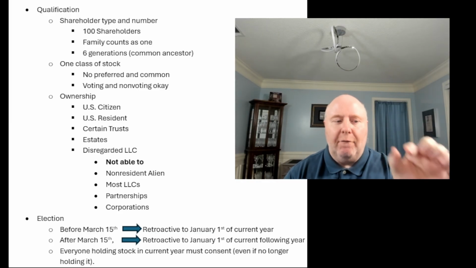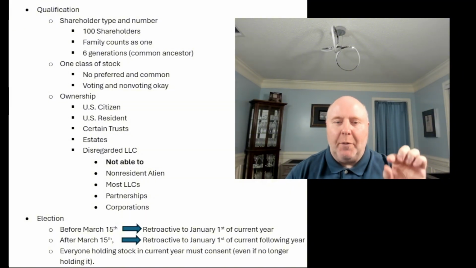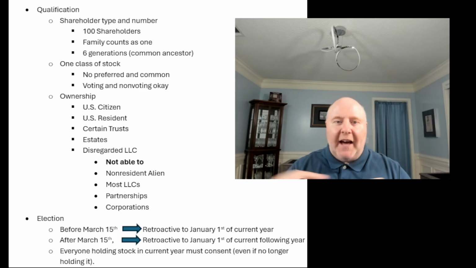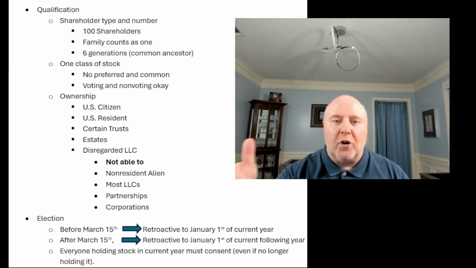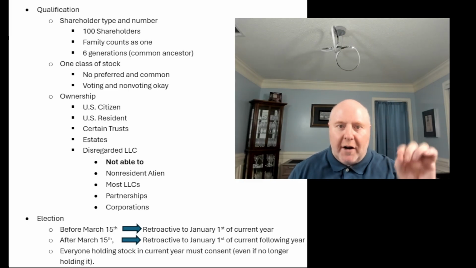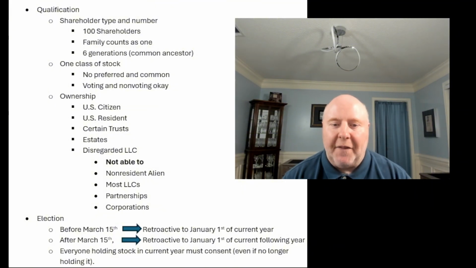We can have voting and non-voting shares, and that counts as 1 type of stock. So no preferred and common, that'll be an incorrect answer, but you can have voting and non-voting, and you're good on that. That's not an issue. Okay, so make sure you're aware of that. That's sometimes a trick question that's tossed out there. I don't want you to get tripped up on that, so be prepared for that.